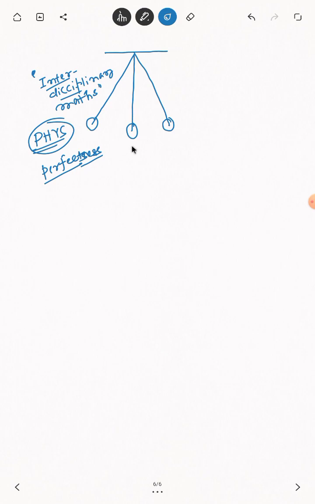Now say one thing, say this particle is P and its mass is M. It is hanging by a string of length L. So whenever we take this particle up to some distance, angular measurement, here the angular measurement is important, that is theta.